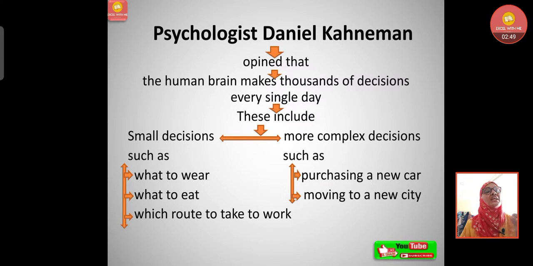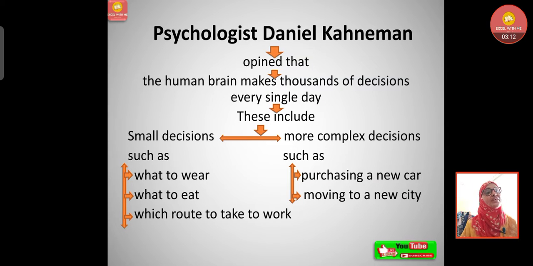So every single day, our brain makes thousands of decisions. These include small decisions or more complex decisions. Small decisions such as what to wear, what to eat, which route to take to work, or what we are going to do during the day. All these are small decisions.